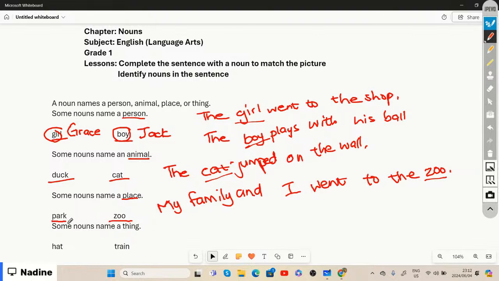And then also some of our nouns name things, right? For example, we have hats and trains and rulers and pencils. Those are all things, laptops, that we can identify or name.